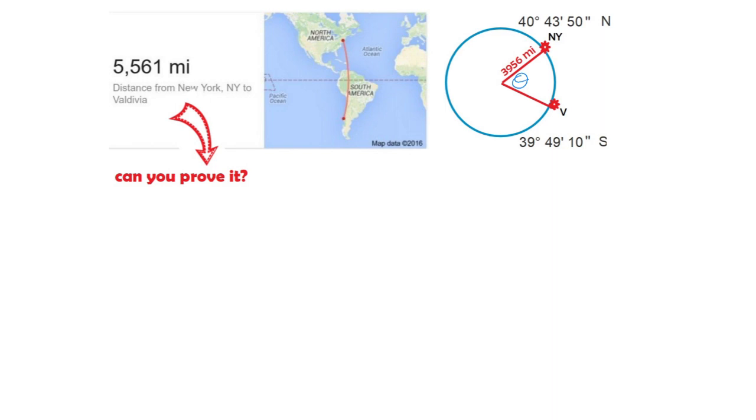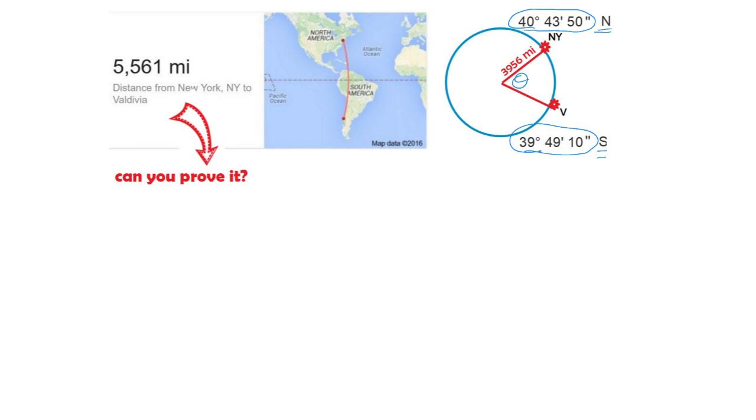Now, that angle is going to eventually come from the fact that I know the latitude of these two cities. Now, I circled those, but I should have also paid attention to the fact that that one is north of the equator. This one is south of the equator. So when they measure latitude, it does come from the equator. Equator is 0.